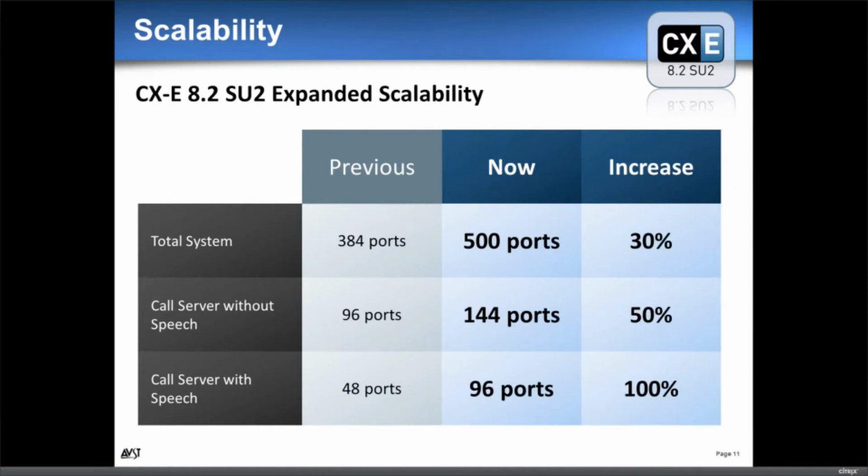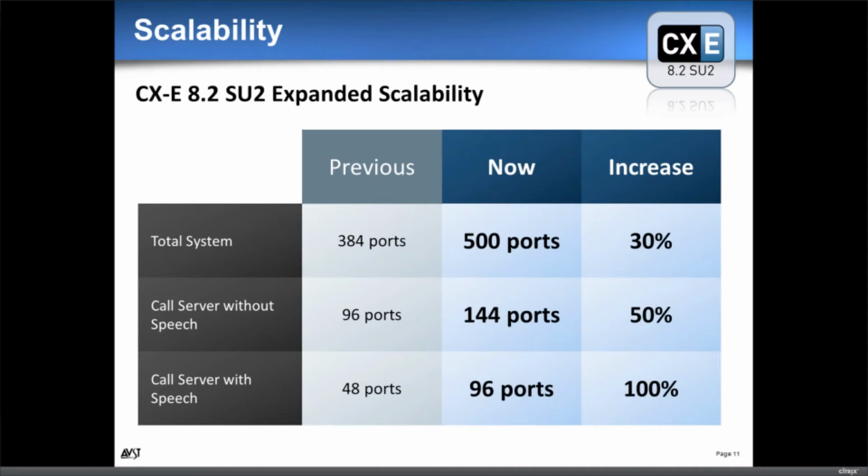As we start consolidating and centralizing, the size of systems goes up dramatically. It wasn't that many years ago that we did 196 ports as a maximum. When we changed to the 8.0 architecture, we brought that up to 384 and felt that would hold us for quite a while. But as this consolidation and centralization became more and more prevalent, suddenly 384 ports wasn't enough.